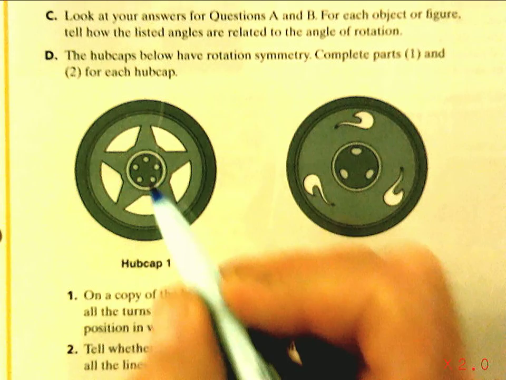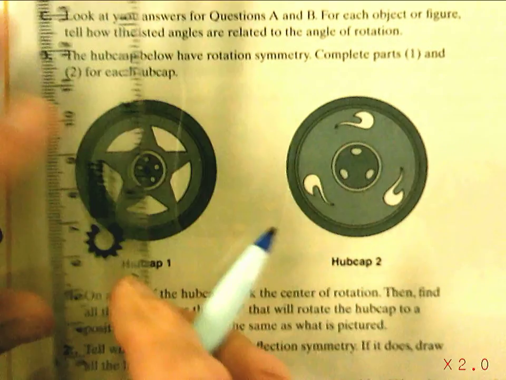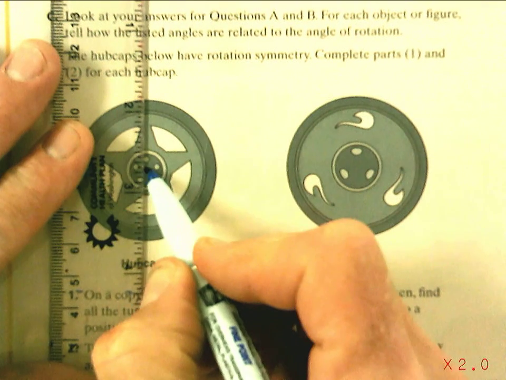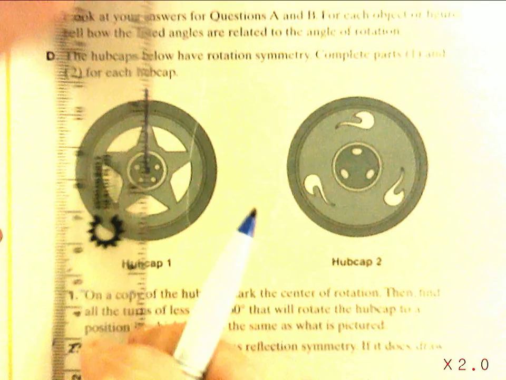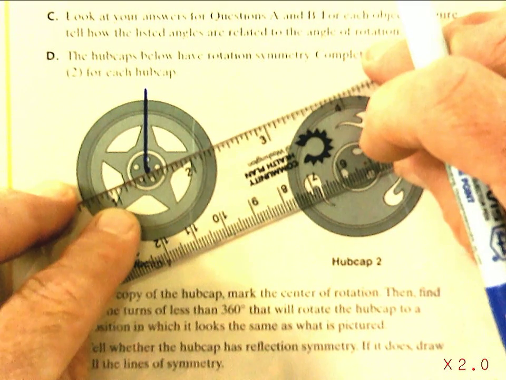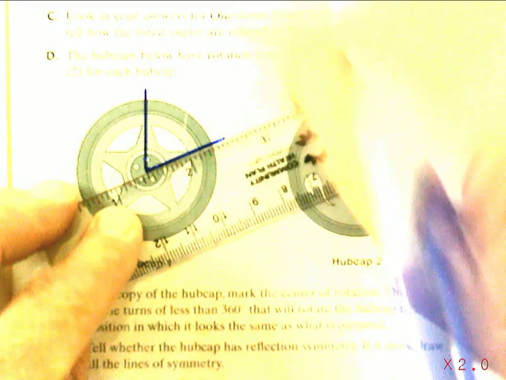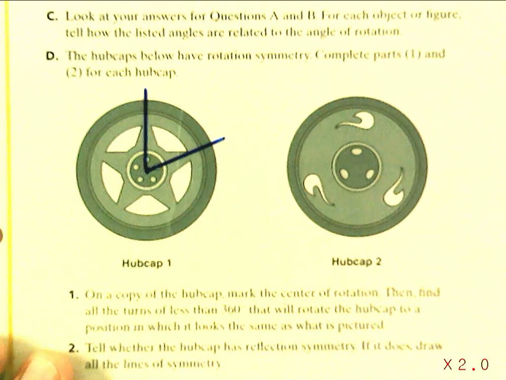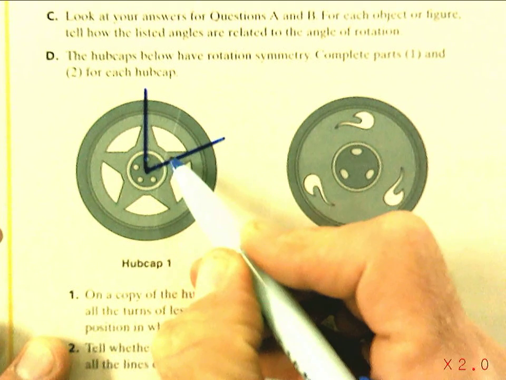So we're going to start with hubcap number 1. Hopefully you see the center of rotation is in the very center, in the middle. And if I draw a line from the center out through one of the spokes of the hubcap, and then find another spoke, so about there, right there, that angle is the angle of rotation.